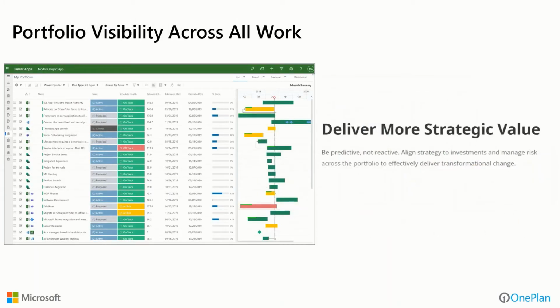So what does OnePlan add to the core Project Power App? And if you want to look more at the Project Power App, you can find on our website a link to last week's webinar to look at the fundamentals around that in more detail. But what can be added in more of a modeling capability and a visual capability and what-if scenarios is portfolio visibility across all work.